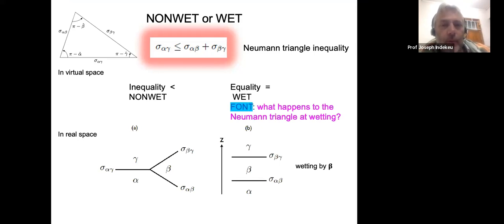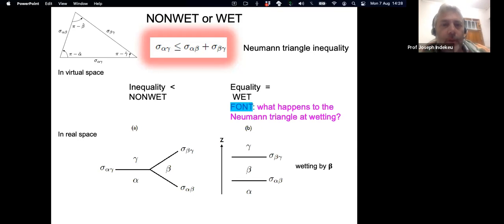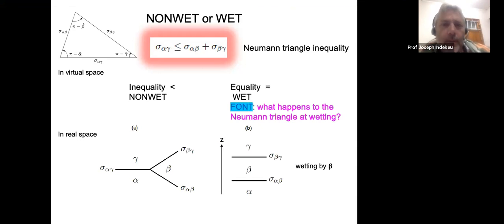So we can quite generally write down this inequality here, that with cyclic permutation pertains to all possible choices of labels. For example, the interfacial tension between alpha and gamma in this Neumann triangle representation cannot exceed the sum of the interfacial tension between alpha and beta and between beta and gamma. So we can call this the Neumann triangle inequality.